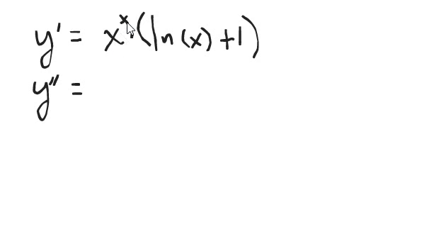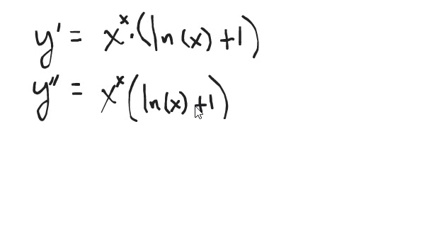What's the derivative of x raised to the x? Well, isn't that just all of this? Right, so that's not confusing. The natural log of x plus 1. Okay, that's the derivative of this guy.